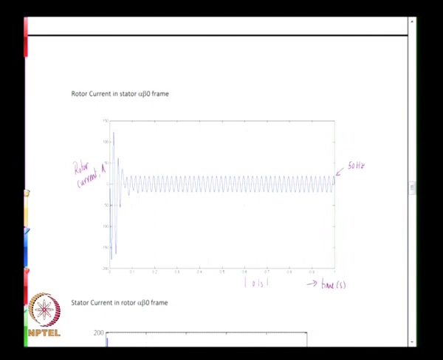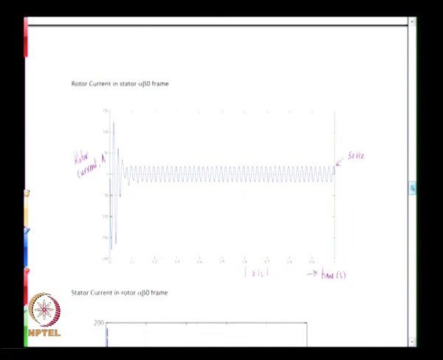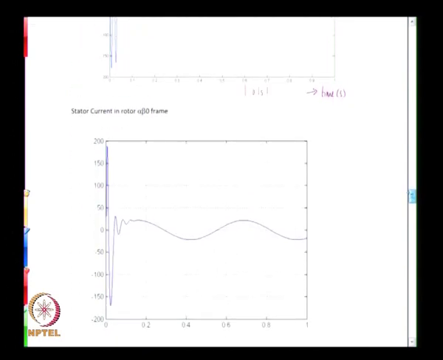and that is the physical equivalence of the alpha beta 0 reference frame for the rotor. By the same token, one can also look at stator current in the rotor alpha beta 0 reference frame. That means you are looking at the dynamics of the machine, or what is happening inside the machine, sitting on the rotor, and when you sit on the rotor, the frequency of the rotating air gap flux will now be at slip frequency, and therefore you see that the stator current as seen from the rotor side is at slip frequency.